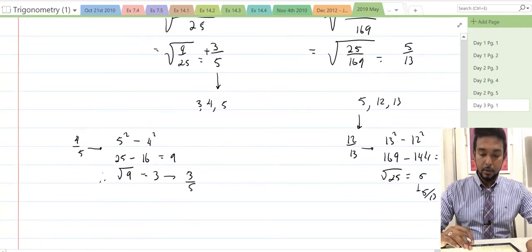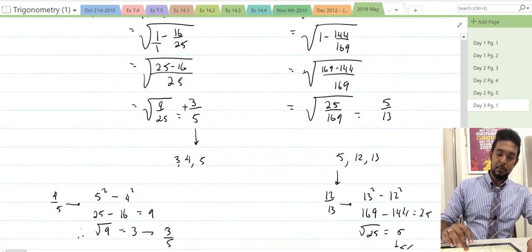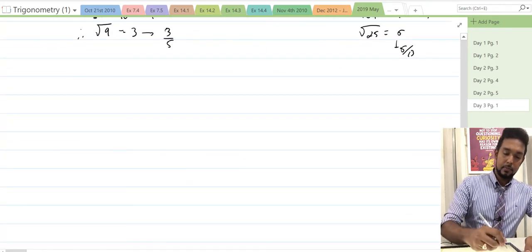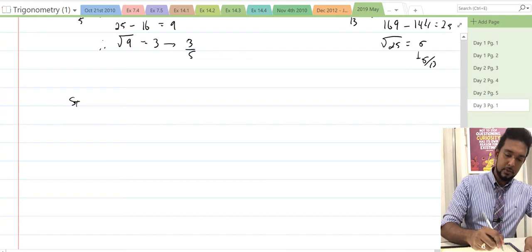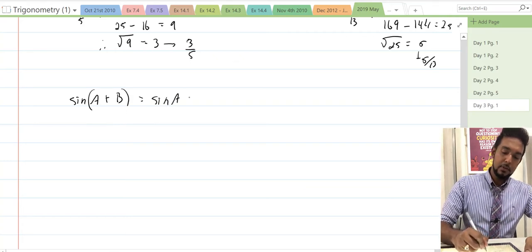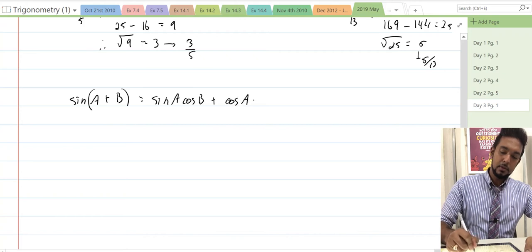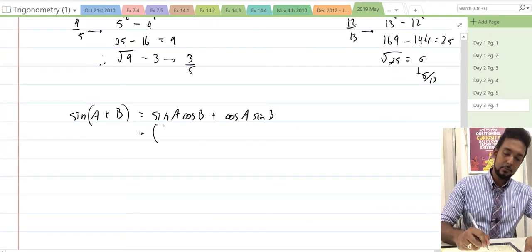All right. Okay, and now all we have to do is plug those things inside of the expansion. So sine of A plus B will be equal to, like we said, sine A cos B plus cos A sine B. Right, so sine A, they gave us as 4/5.